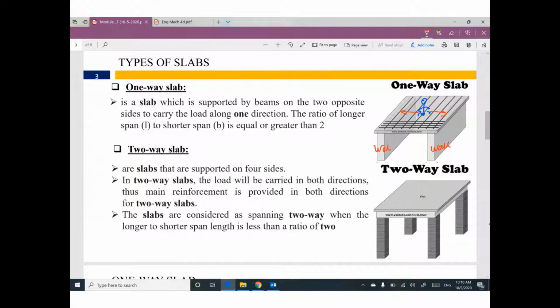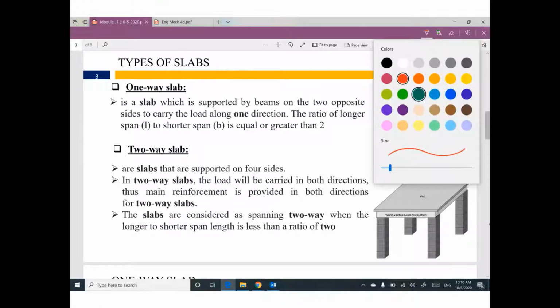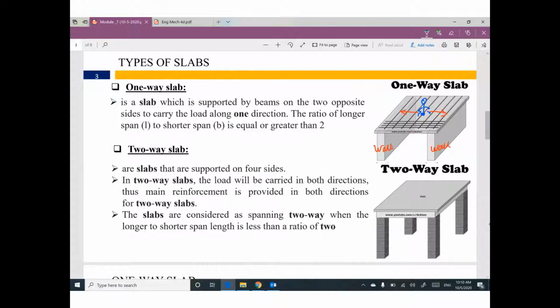It doesn't make sense for the load to go this way or this way, because we don't have any support for the slab at this location.